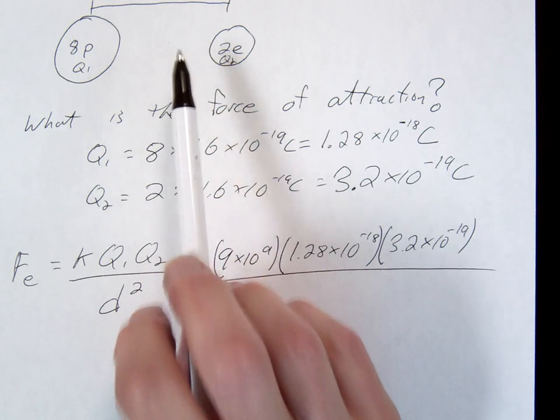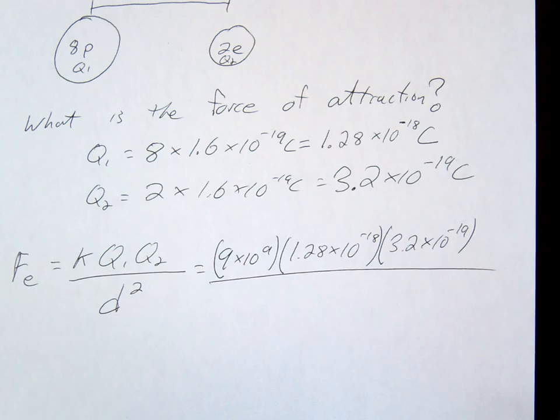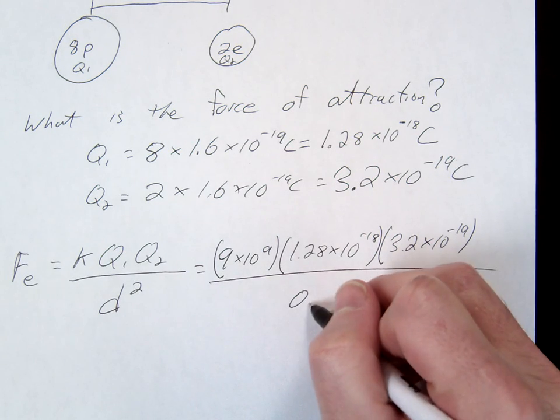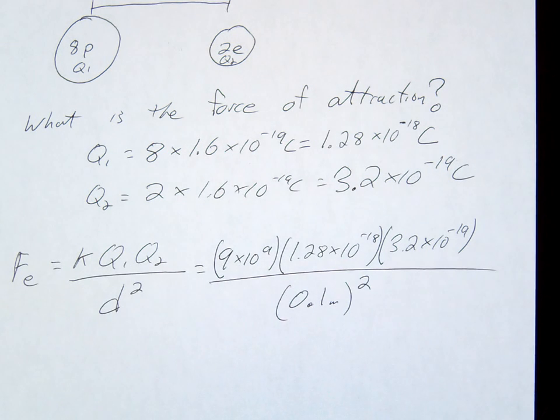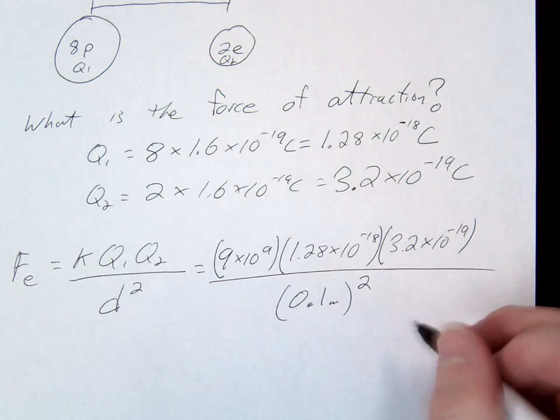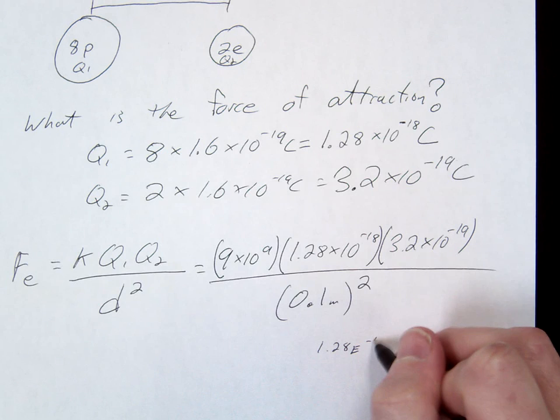We do it before we square it: change it to meters first, and then square it. So make sure you're capable of plugging this into your calculator. That's some of the biggest mistakes, simply not calculating it right. Remember the little e secret, 1.28 e to the negative 18.